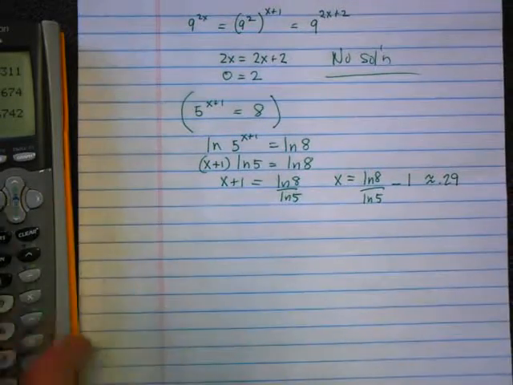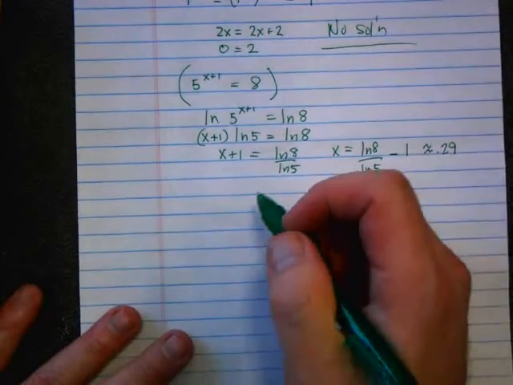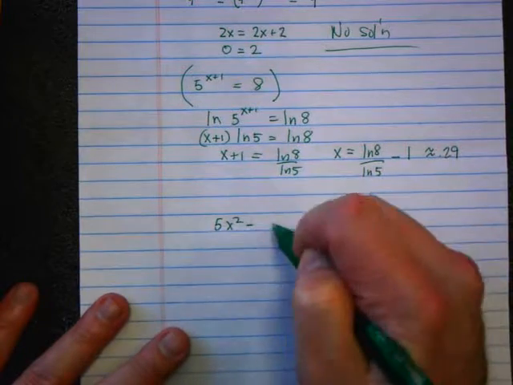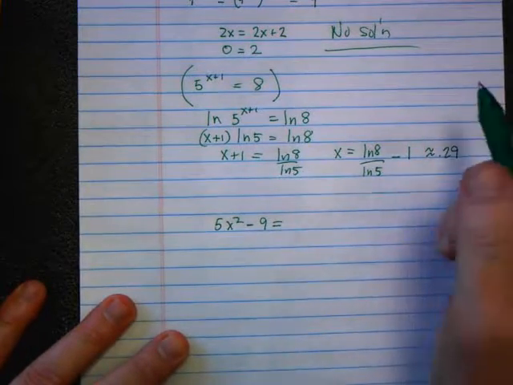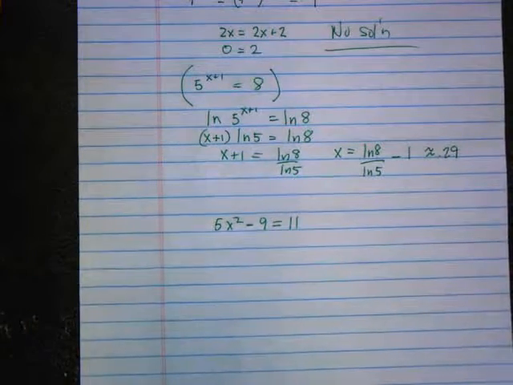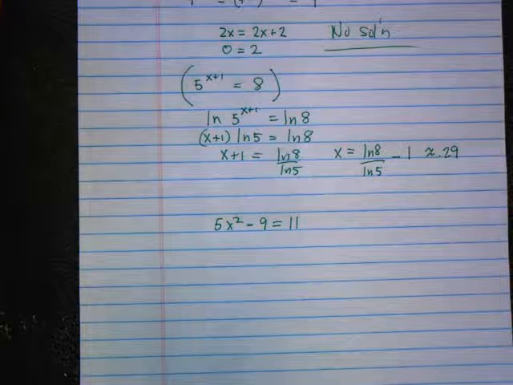All right, let's go back to something else, something you already know. What if I gave you 5x squared minus 9 equals 11? How would you get the x all by itself?